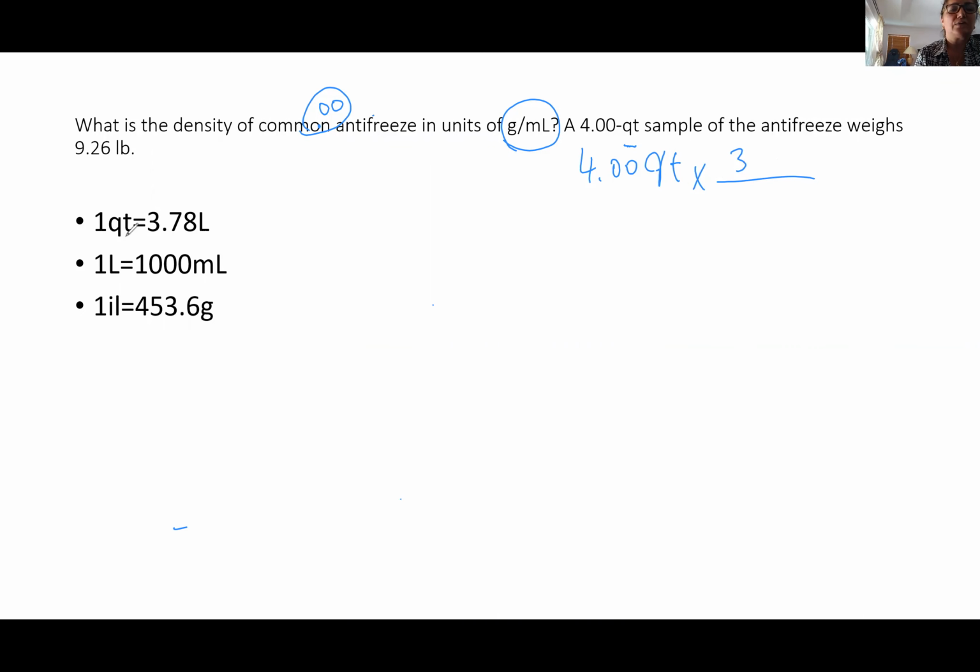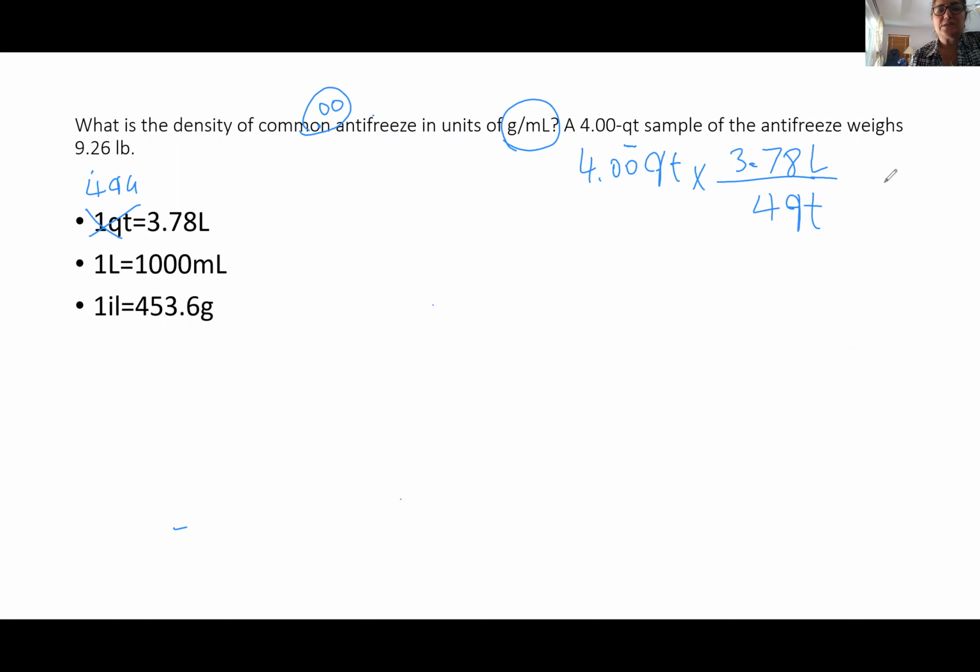I think 1 quart is not 3.78, this is an error on someone's site. Okay, 4 quart is 1 gallon. So 4 quart is going to be 3.78 liters, and that is for 4 quarts or 1 gallon.